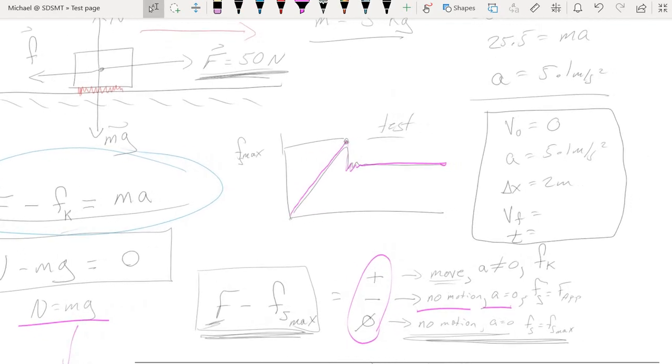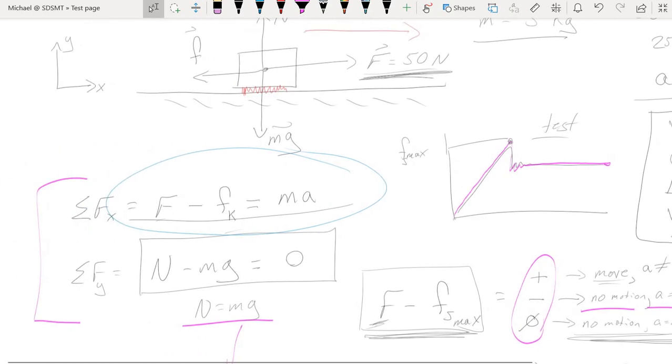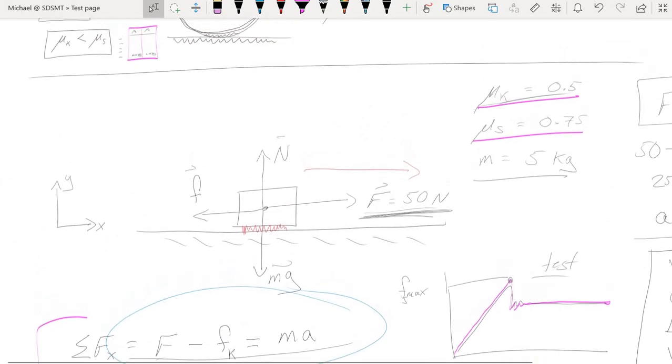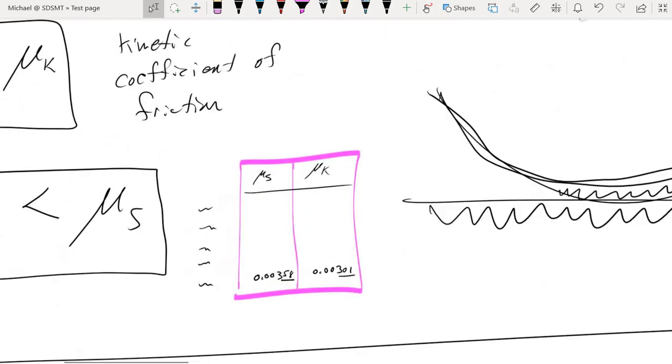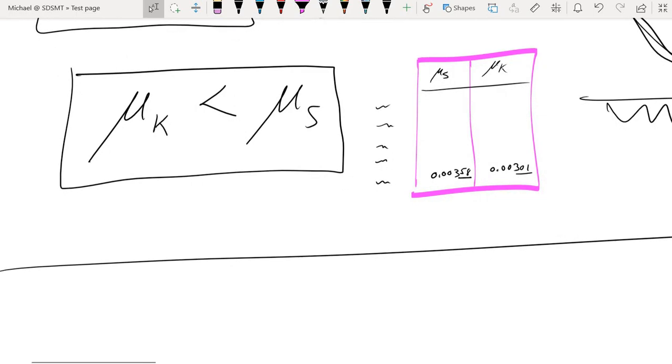One final thing that I will touch on here, the fact that we have our coefficients with this relationship tells us that the kinetic friction force will have to be less than whatever static friction force we encounter.